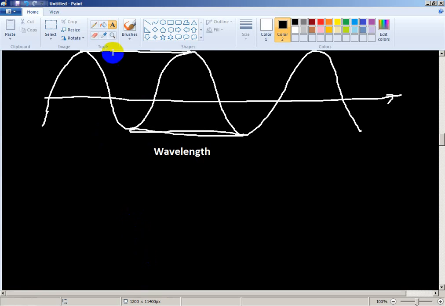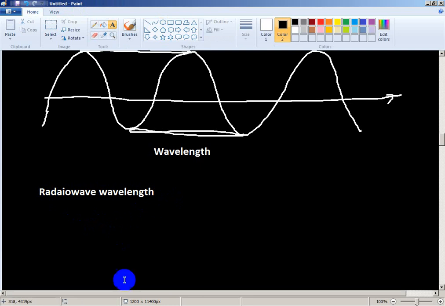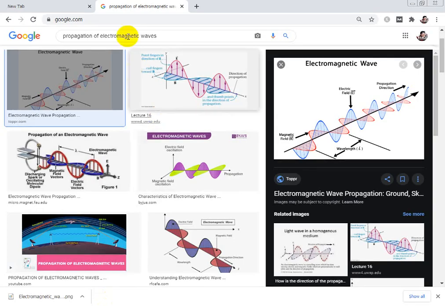So this is the radio wave. Radio wave, do you know the wavelength? We find the radio signal, radio wave. What is its wavelength?